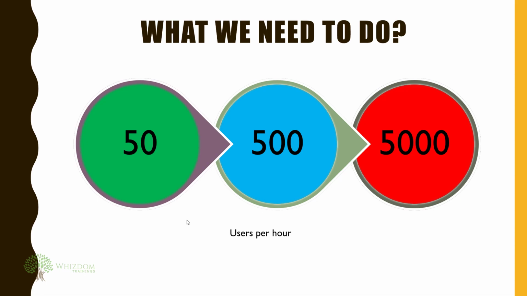When the users increase to 5000, it is not able to perform. So what we need to do in this case is measure the performance, like how many users it can actually bear, right?